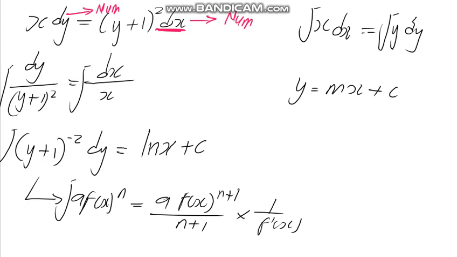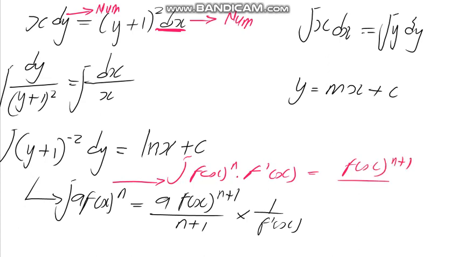They don't show this 1 over f prime of x, but you always have to put it there. They sometimes write the formula this way: the integral of f of x to the power of n times f prime of x is equal to f of x to the power of n plus 1 divided by n plus 1.